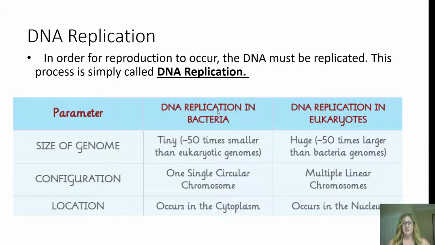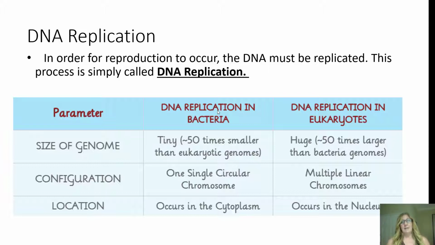The sizes of the genome are considerably different. They're about 50 times different. The eukaryotes are going to have a genome that's about 50 times larger than bacteria, and the bacteria are going to have a genome that's 50 times smaller than eukaryotic cells.